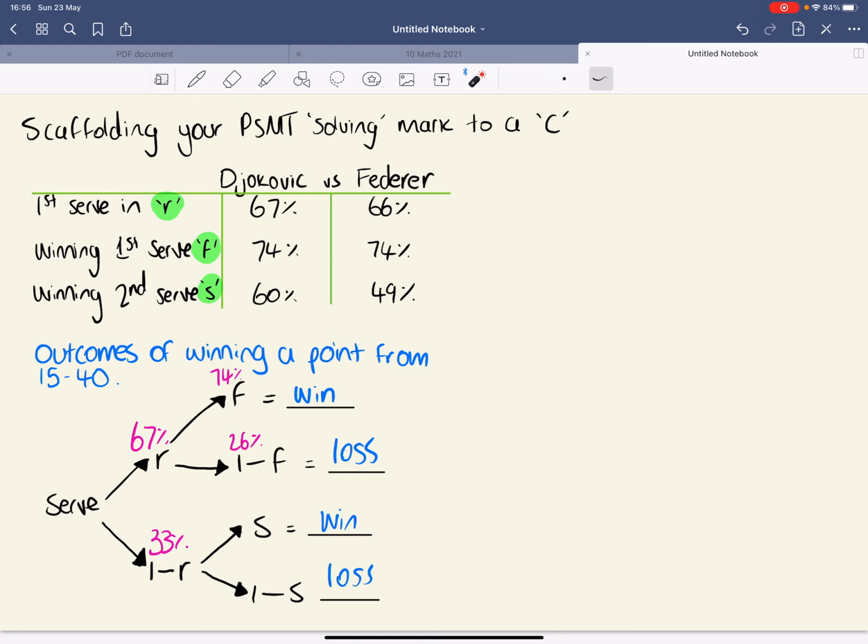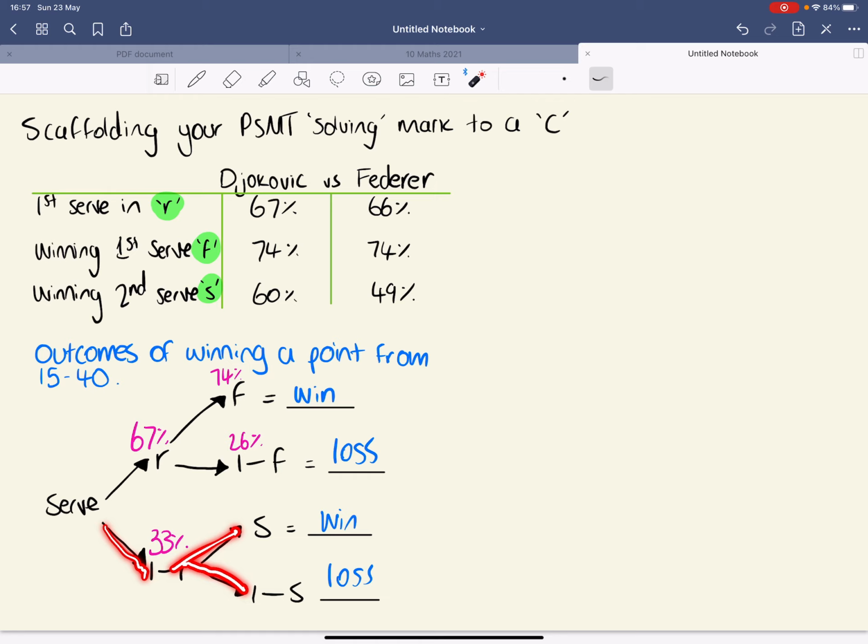Okay, let's keep going. The other option is that he doesn't get it in on his first go. Now, if he doesn't get it in on his first go, he gets a second go, right, a second serve, and he'll either win the point from that second serve or he will not win the point from that second serve.